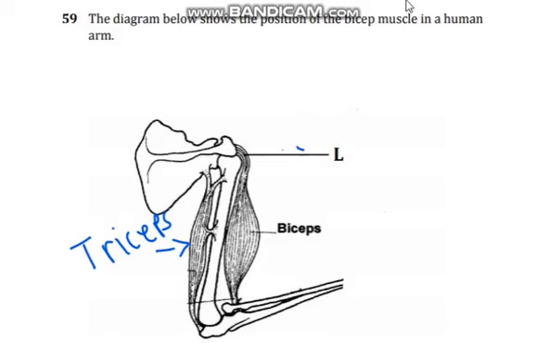Then the name of structure L: we can see that the biceps end here, at this bone, which is connected to another bone. Only tendons connect muscle to bone, so structure L is a tendon. We have answered our third question.